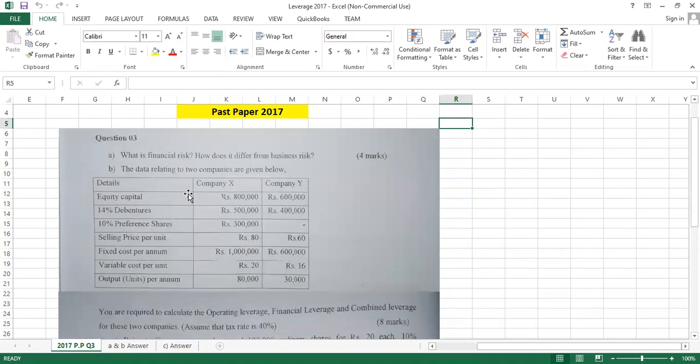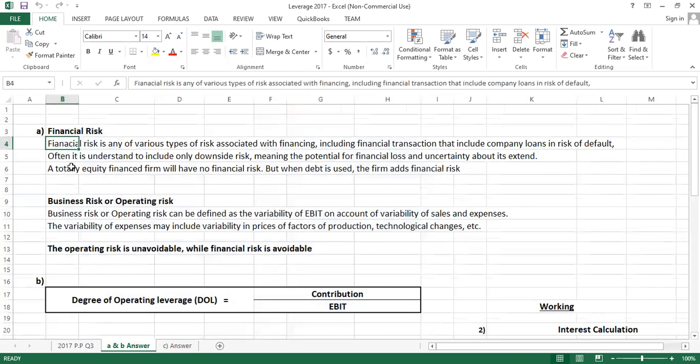They ask, what is financial risk? How does it differ from business risk? This is the definition of financial risk. Financial risk means any type of risk associated with financing, including financial transactions that include company loans, and the risk of default.